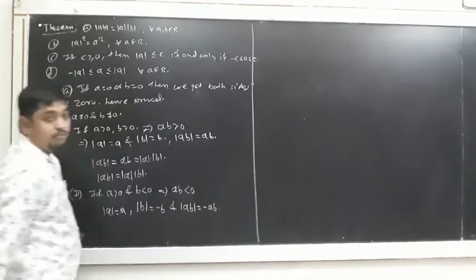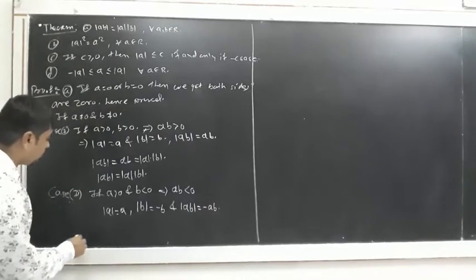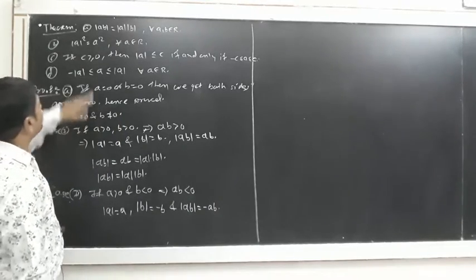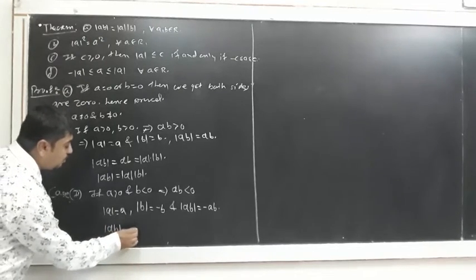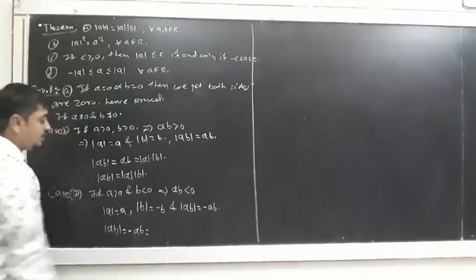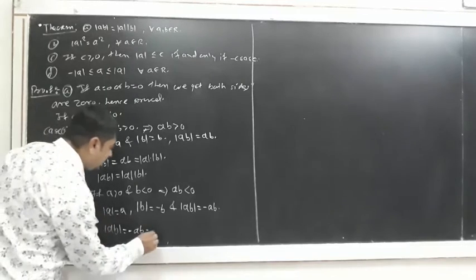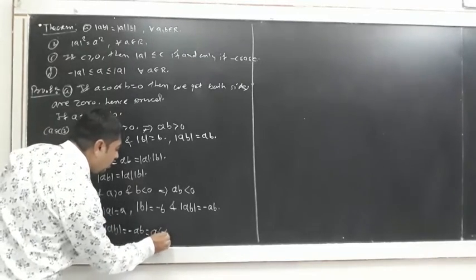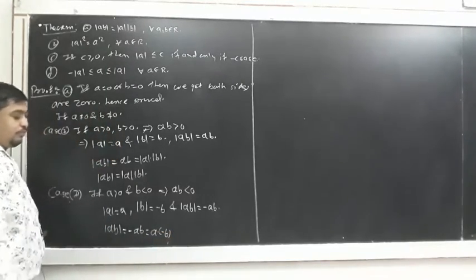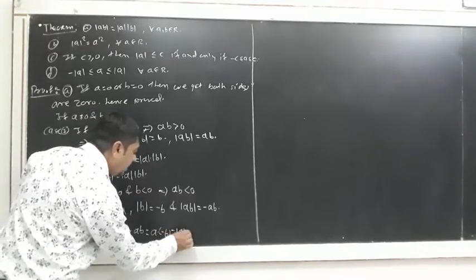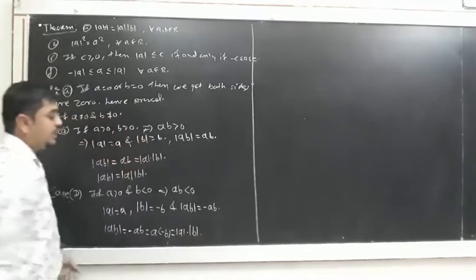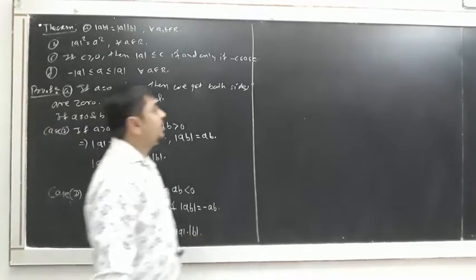Again we have to prove the same thing. Mod of AB is equal to minus AB, which is A into minus B, and this can be written in the form of mod A into mod B. So for the second case it is also true.